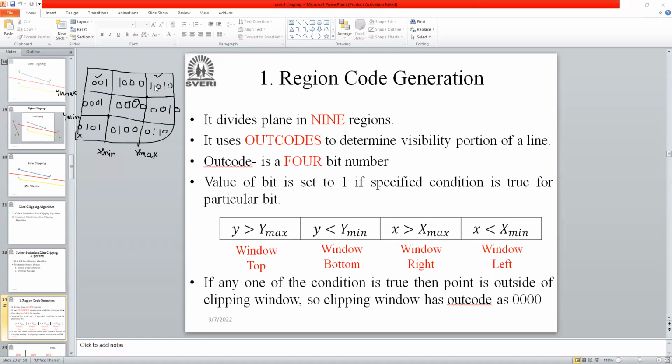So you can see for this region where y value is greater than that of y max, all have their first bit set. Then second is window on the bottom. So all the bottom windows have this second bit set.